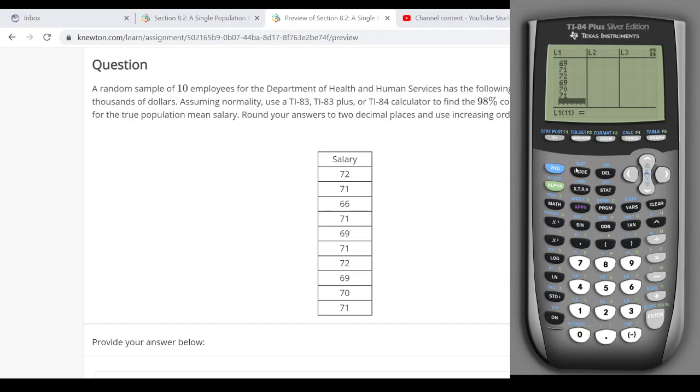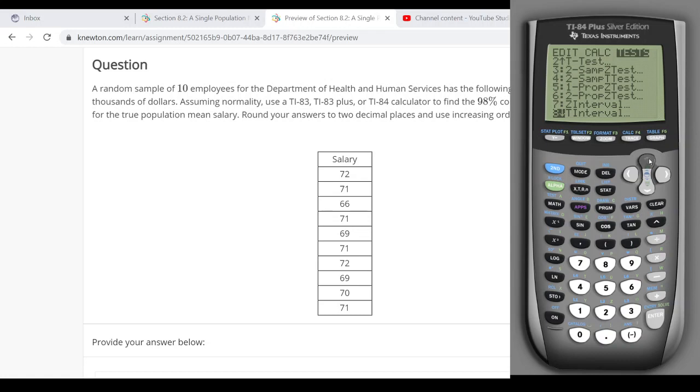And then I get out of this, and we're going to have the calculator create a 98% confidence interval estimate for the true population mean salary. So remember how we did that before? We go stat, then over to tests. We're making a confidence interval for a mean, but we don't know sigma.